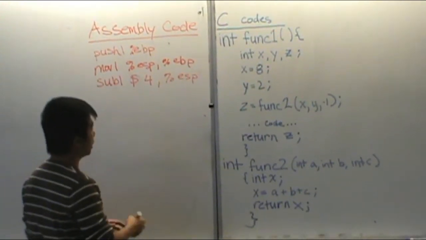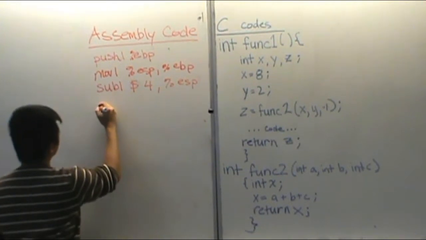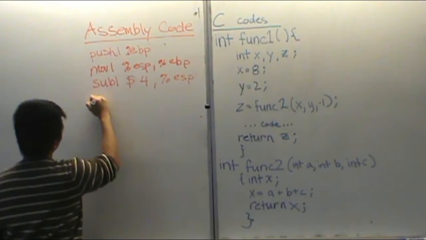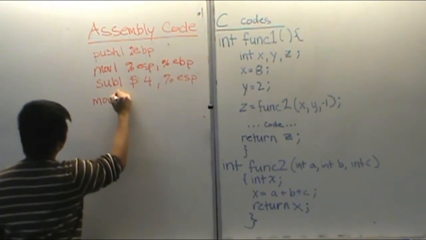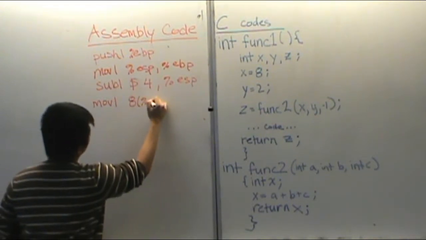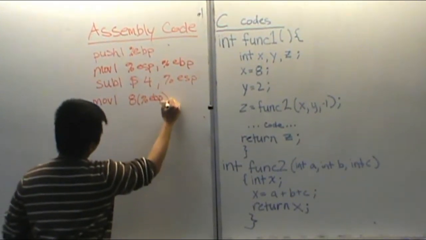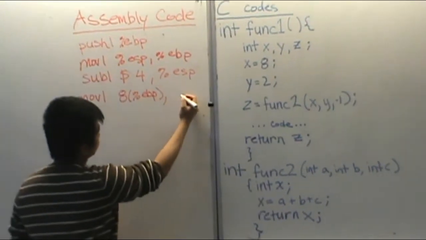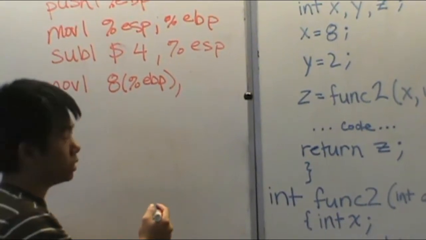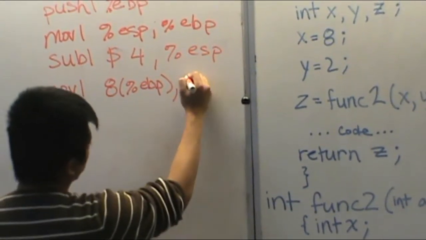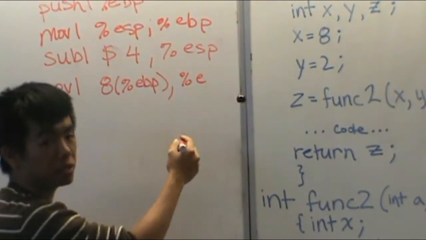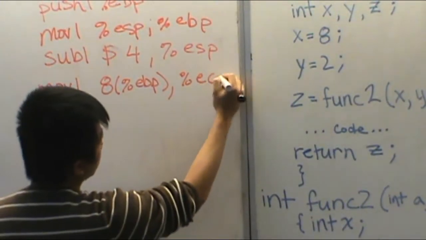To do that, we move 8(%EBP) to a register that we can use, which is the A, B, C, or D register. In this case, I'll be using C.